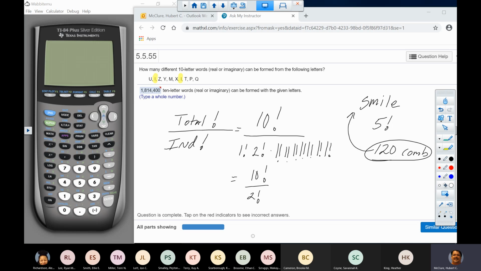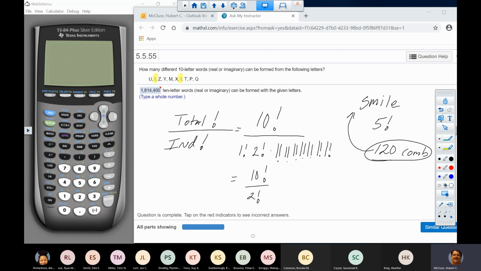Why is it 10 factorial over 2 factorial only? Total factorial, how many letters are there? Okay? And then each individual factorial, how many U's are there? So there's 1 factorial. How many I's are there? There's 2 factorial. If there were 2 U's, then it would be 2 factorial times 2 factorial, and then whatever's 1, just do 1 factorial.